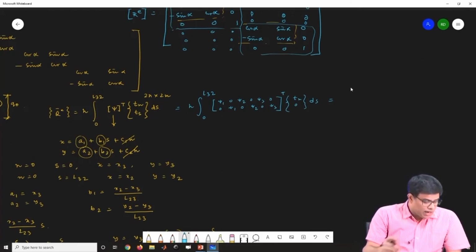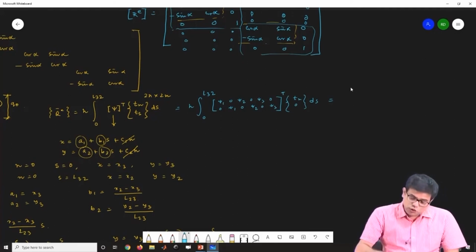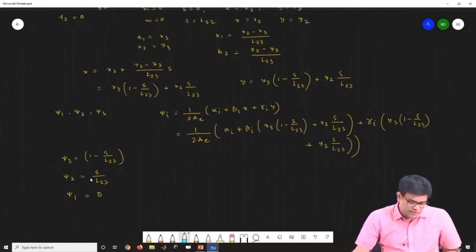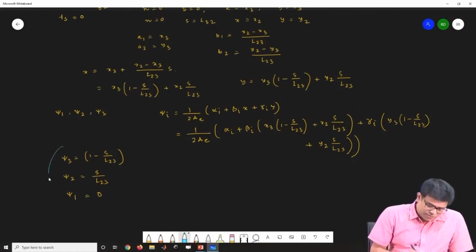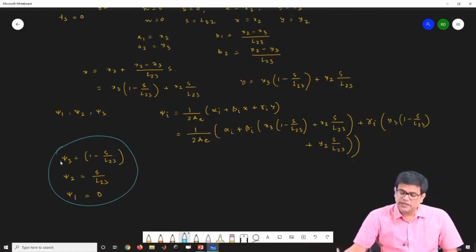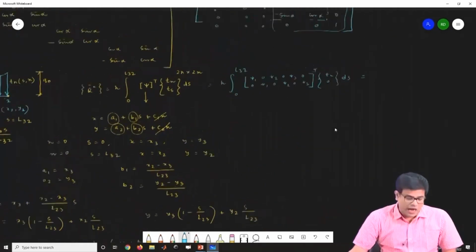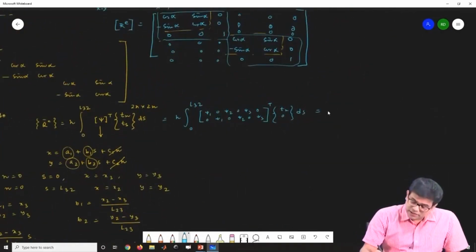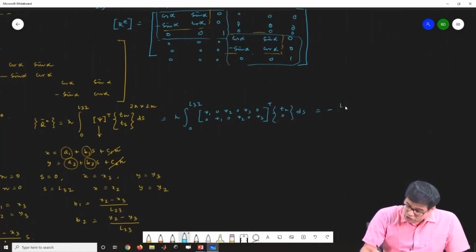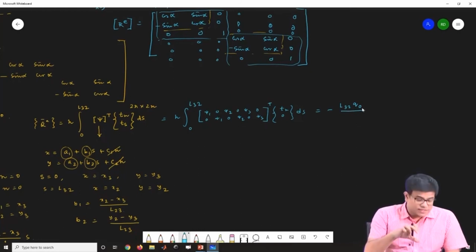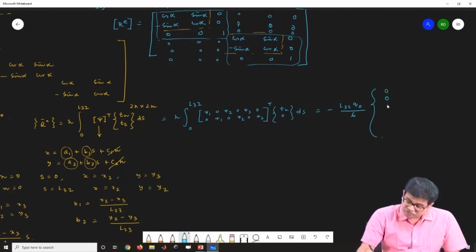If I now substitute my psi 1, psi 2 and psi 3, which is from here, then after integration I will get something like this, that is minus L32 Q0, where Q0 is my maximum intensity, divided by 6, then you have this, which is 0 0 2 0 1 0.